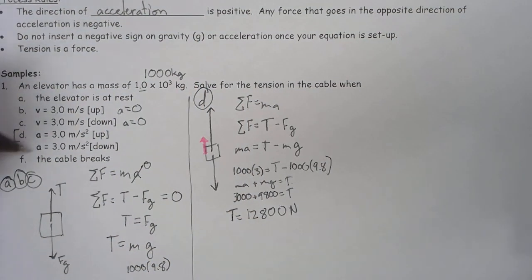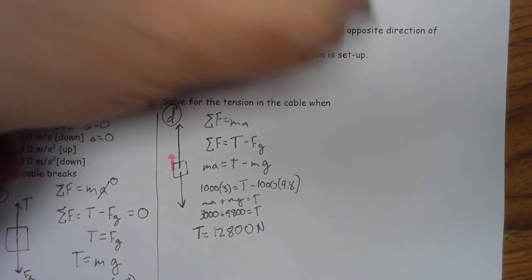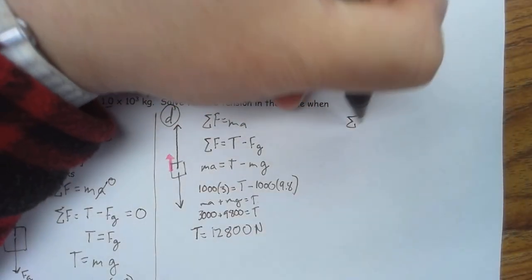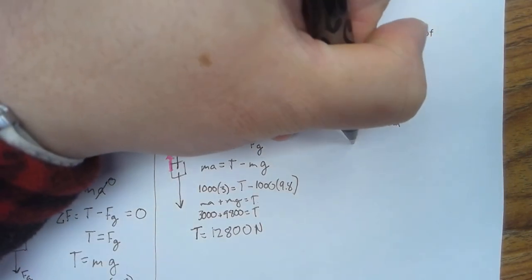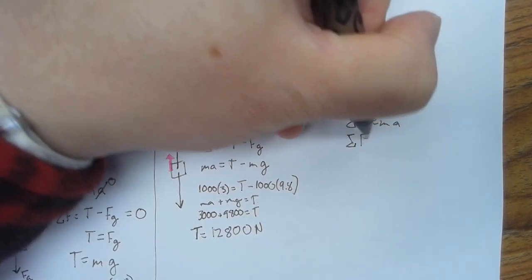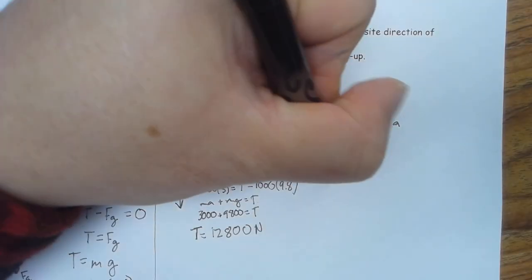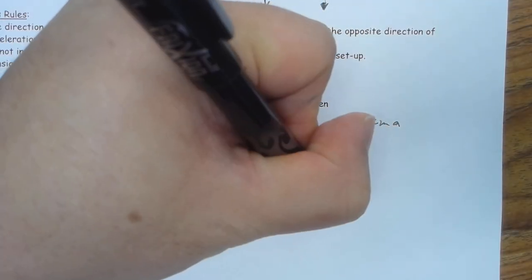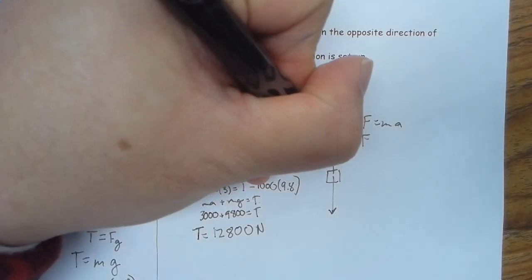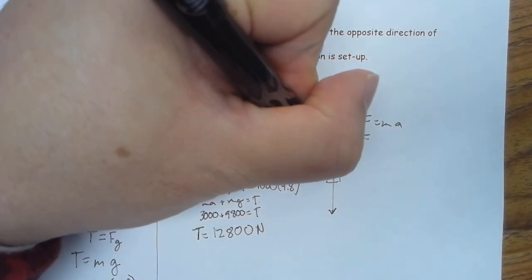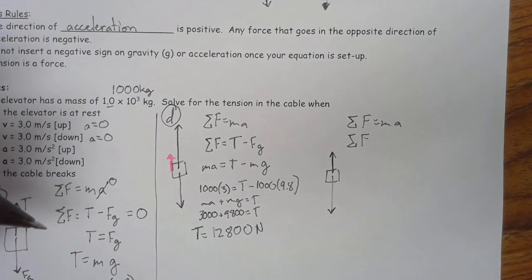Part E says we're going to accelerate downward. And so now, in my net force equaling ma, if I were to redraw the picture, I have gravity going down, but now to accelerate downward, I'm going to have a tension up that doesn't pull hard enough.